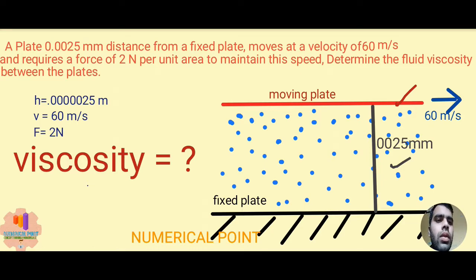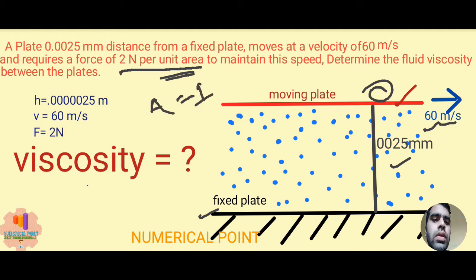The upper plate is moving at a velocity of 60 meter per second, and this lower one is the stationary plate. It requires a force of 2 Newton per unit area, so we can write the area as 1 meter square, unit area, to maintain the speed. Determine the fluid viscosity between the plates.